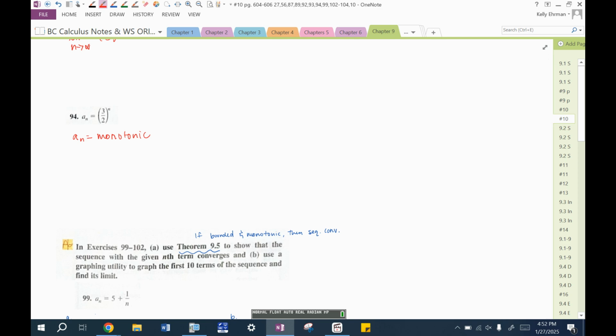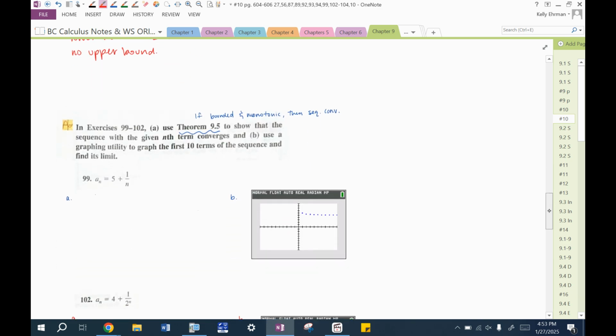It's just going to keep growing. So monotonic, increasing. There is a lower bound, 3/2, and then it only gets larger from there. So there's no upper bound. So that means we can't find the limit. The limit would be infinity as n approaches infinity.